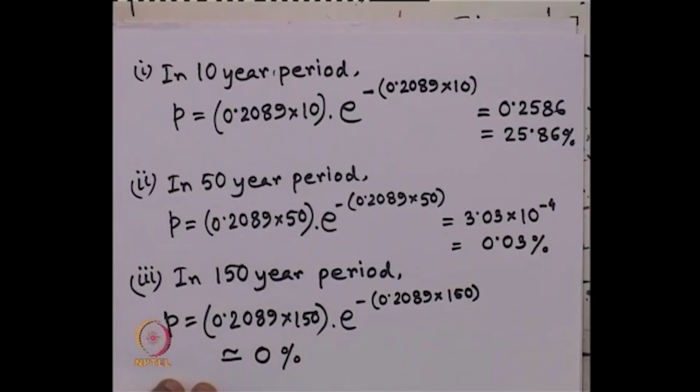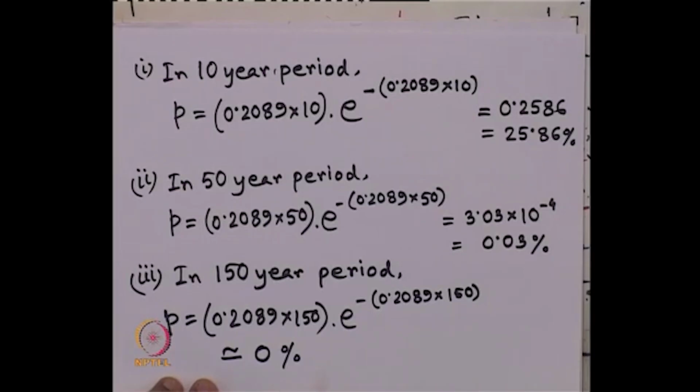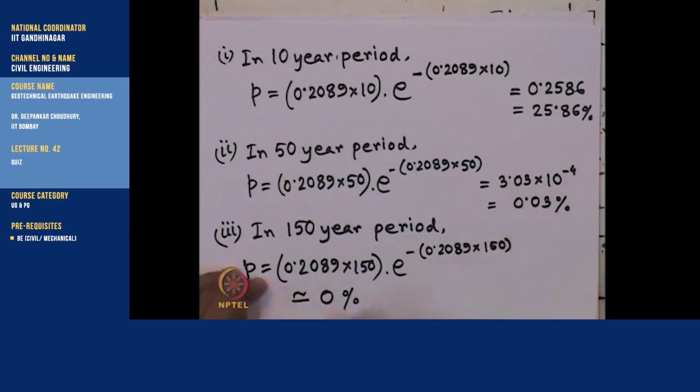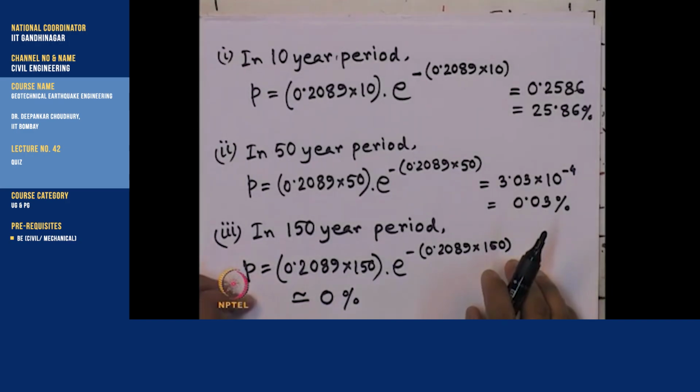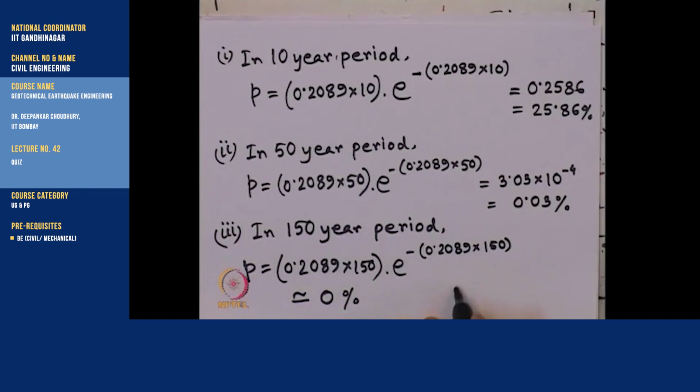That means there is no chance of having exactly one earthquake in that region of magnitude greater than 6.5 over a period of 150 years. There will be more than that, it will never be only one. Okay? Clear? So, with this we have completed the answer of part A, which carries 20 marks.